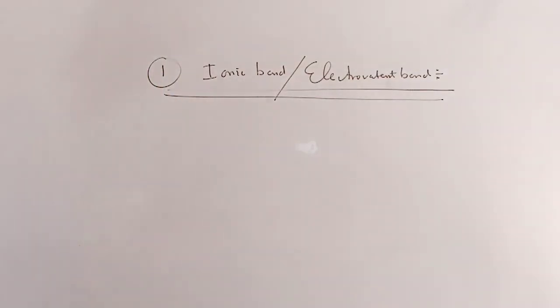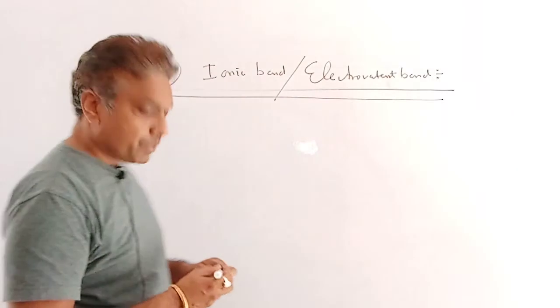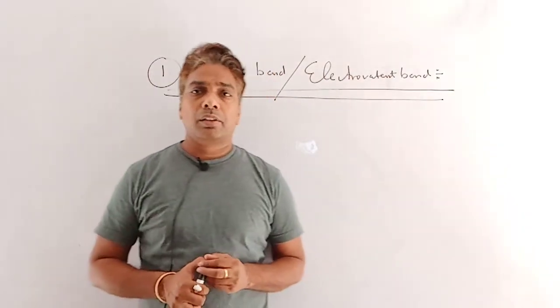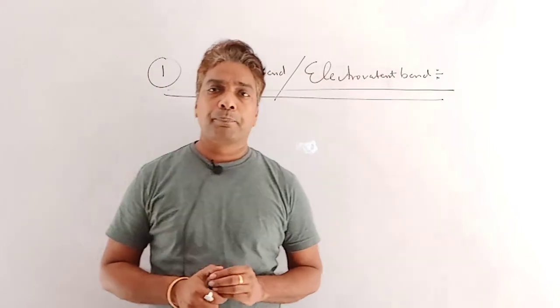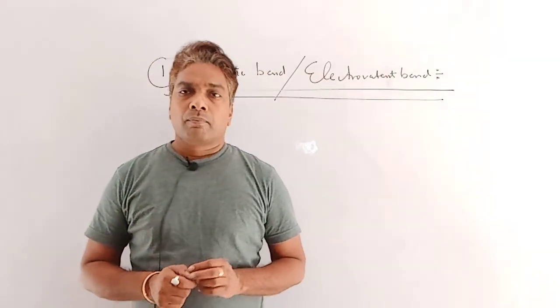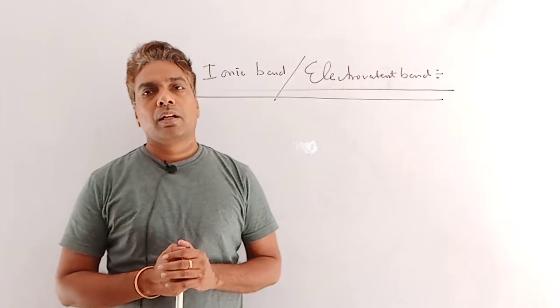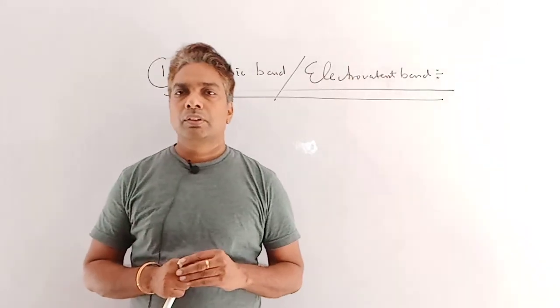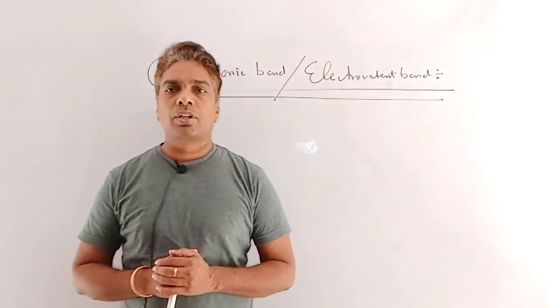Now what is the condition to form ionic bond or electrovalent bond? There are 3 points. First, high electropositivity. If the electron losing tendency is very high, then the atom prefers to form ionic bond. Second, low ionization energy.